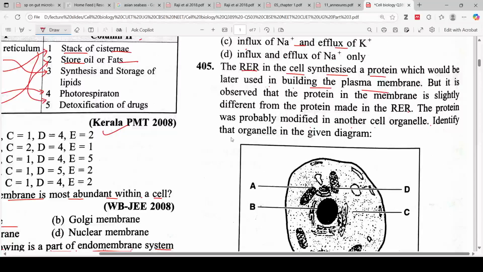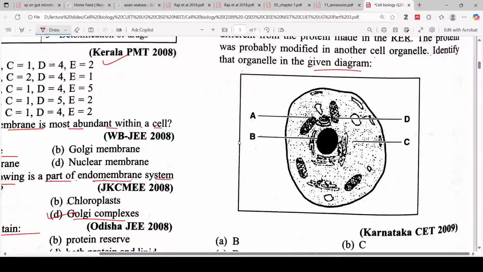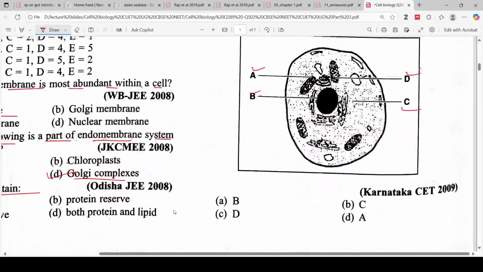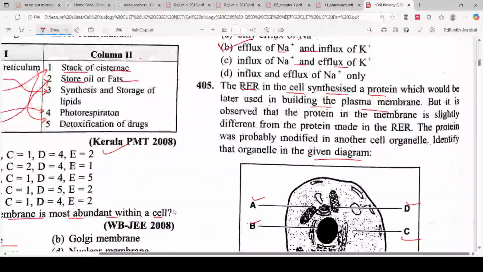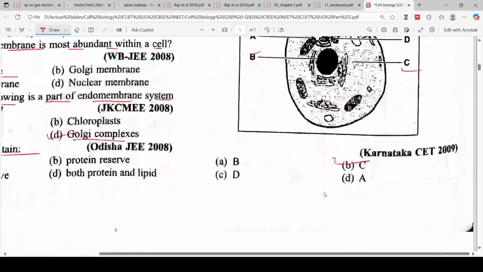Identify the organelle in the given diagram. Four organelles A, B, C and D are given, so you have to choose the correct option. For this question, the correct answer will be option C. Next question.